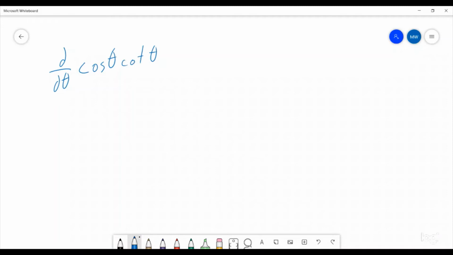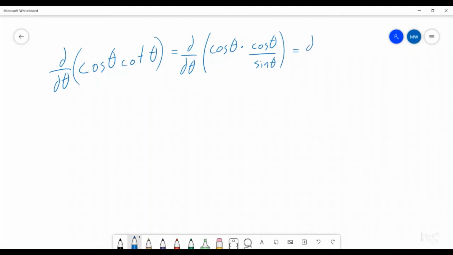So let's convert this into sines and cosines first. So this is the derivative with respect to theta of, well, cosine theta is already in terms of cosine and sine, but then cotangent, that's going to be cosine theta divided by sine theta. So we are really looking at the derivative with respect to theta of cosine squared theta divided by sine theta.